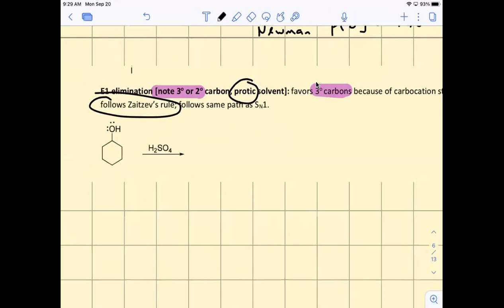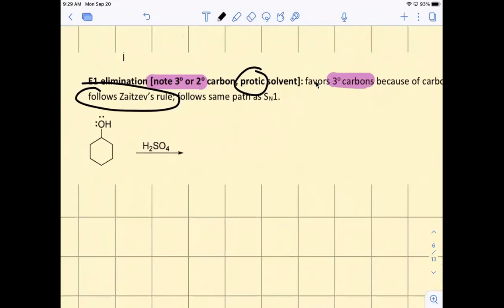So I'm going to draw the product in here, and then we're going to talk about how this happens. And if you notice, there's no base present. You actually can do an E1 elimination in the presence of an acid. So you can do this in a protic solvent with no problem.